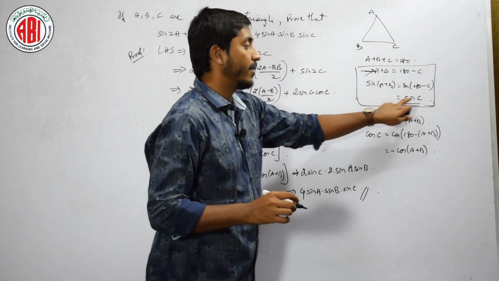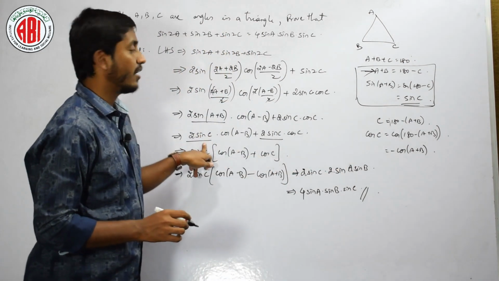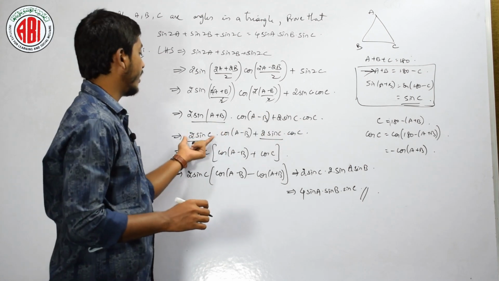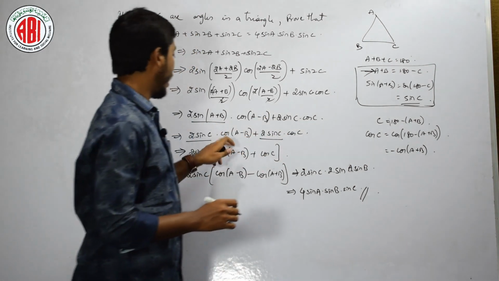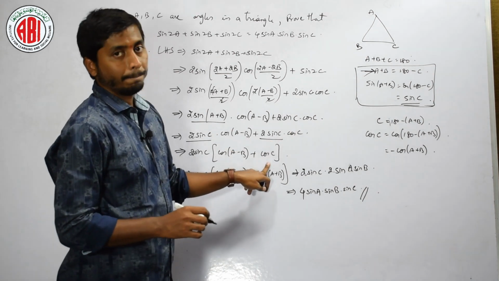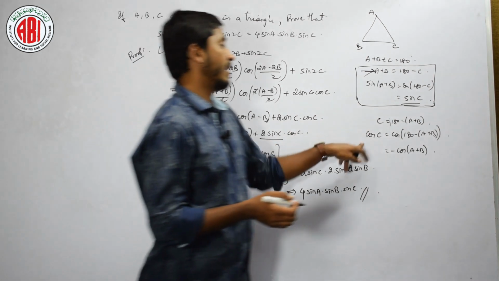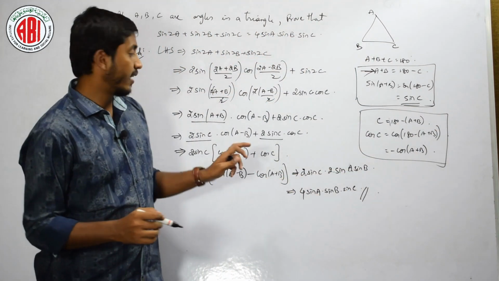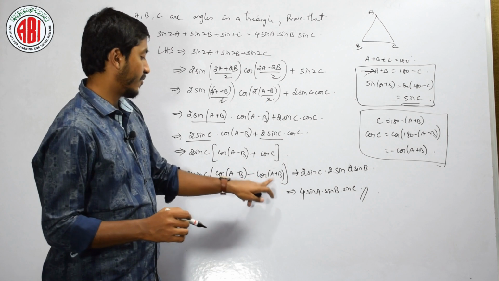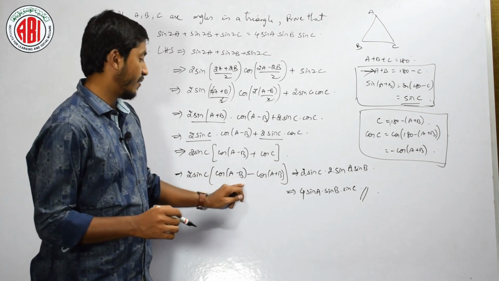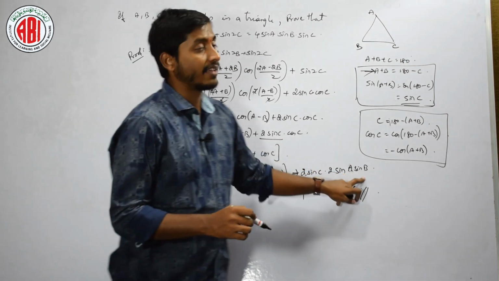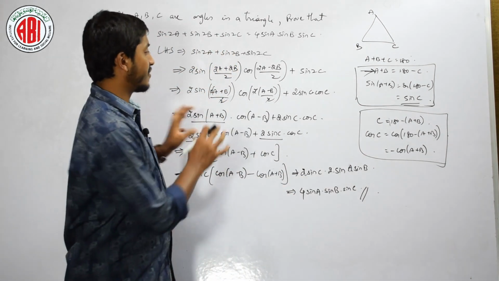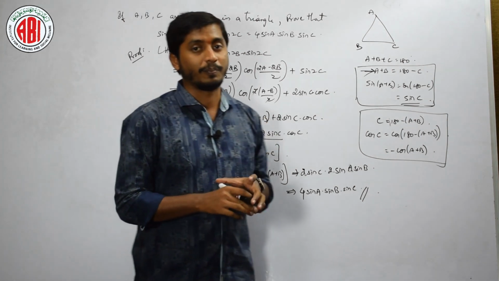Then sin of (A plus B) can be written as sin C, I have used the same thing here, right, and sin 2C as 2 sin C cos C, then taking 2 sin C as common in both the terms, I got cos of (A minus B) plus cos C. Then next step I have changed this cos C as minus cos of (A plus B), isn't it, then it became cos of (A minus B) minus cos of (A plus B). Here cos of (A minus B) minus cos of (A plus B) is 2 sin A sin B. After simplifying we got it as 4 sin A sin B sin C. This is one of the basic problems, this is an example problem, right.